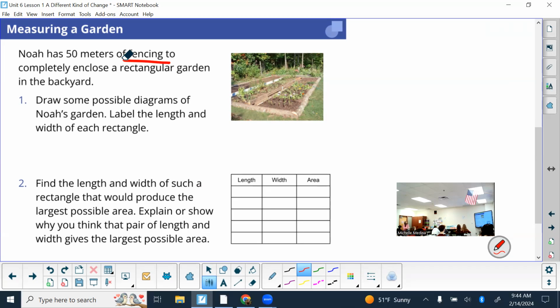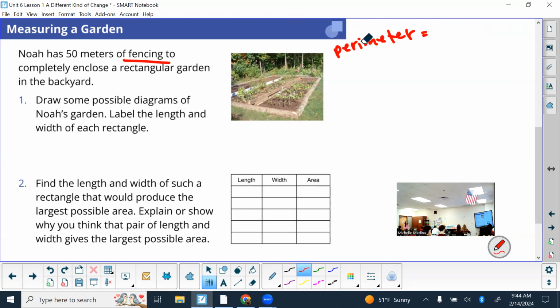On the perimeter of it, or around it, is what I thought you would say, but really it would have to be relating to the perimeter. So what you want for each rectangle that you're drawing is a perimeter of 50. That's how much fencing we have.